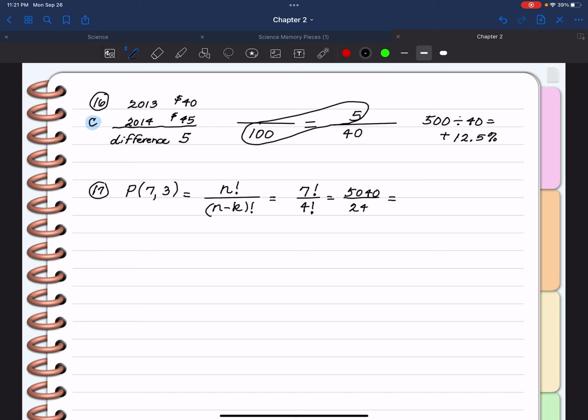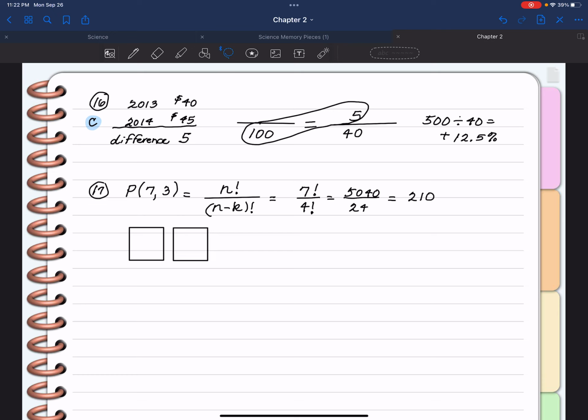And 5040 divided by 24 is 210. You can also put in the calculator steps. If you have forgotten those, I'll draw them for you.